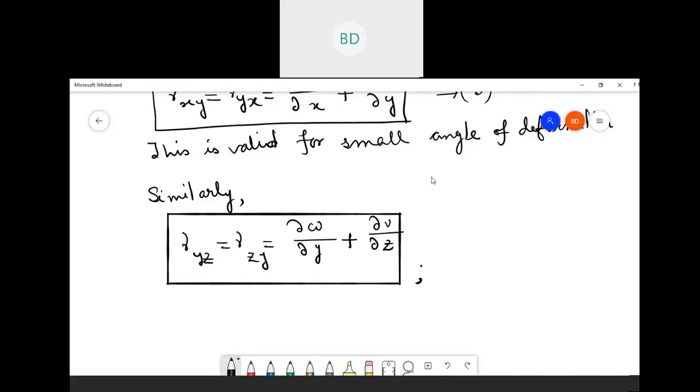And gamma xz is equal to gamma zx is equal to del w del x plus del u del z.